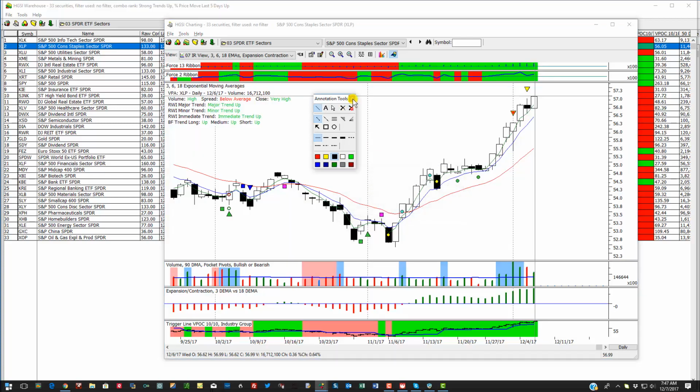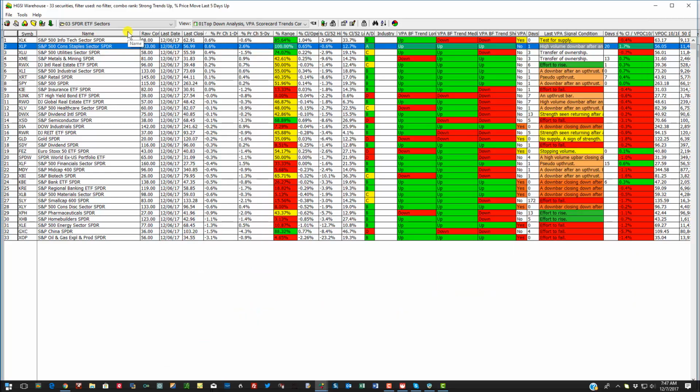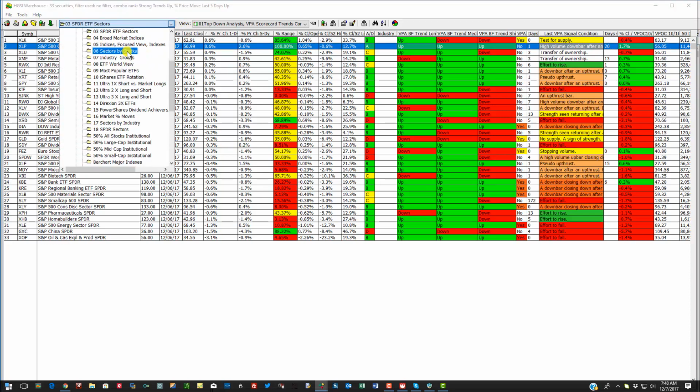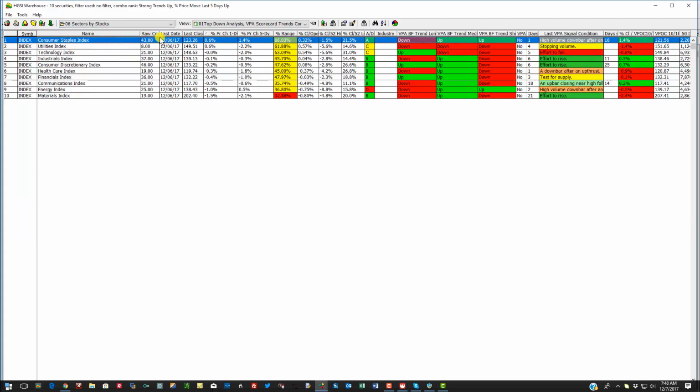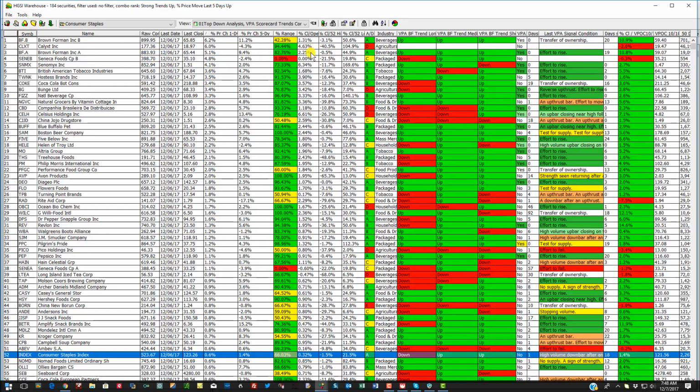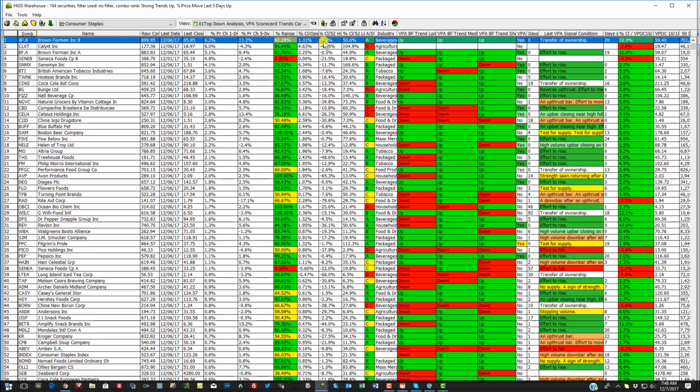Now, if you want to see what's in the consumer staples sector, what I would do is just go down to sectors by stock, and you can see the consumer staples are on top here, and this is the index. And you can just change to the index group, and then you want to start analyzing from here.